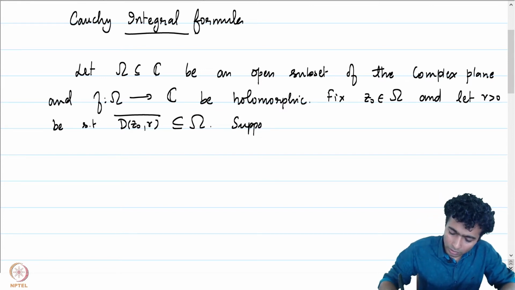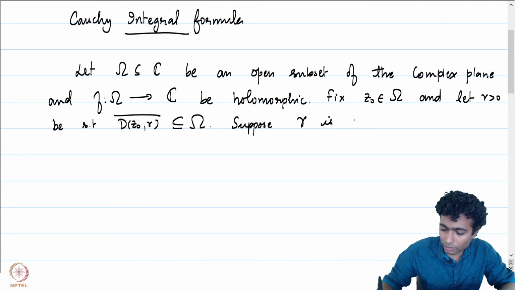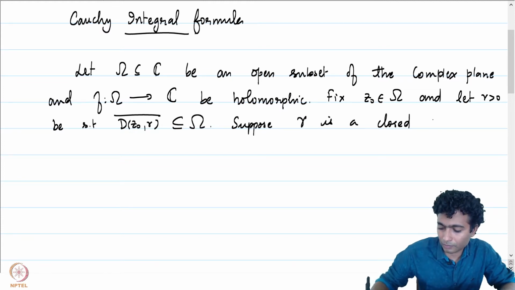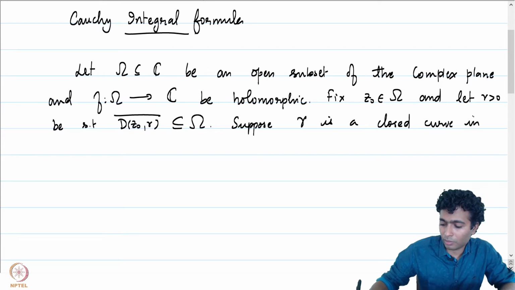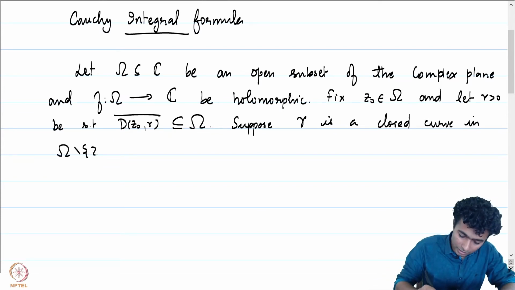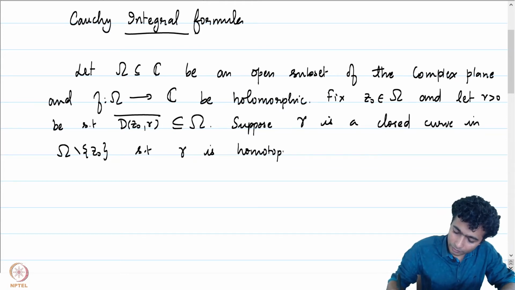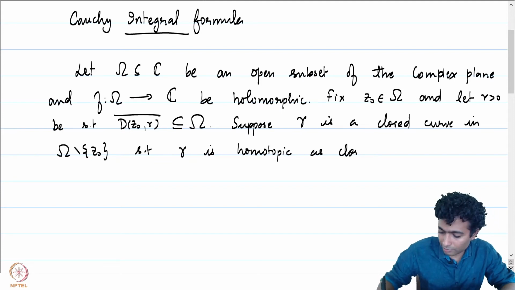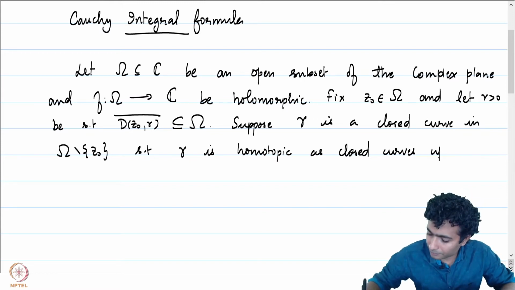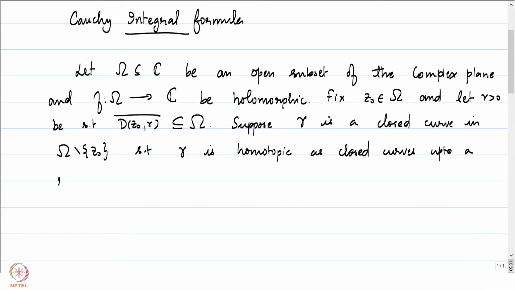Suppose gamma is a closed curve in omega minus z0 such that gamma is homotopic, as closed curves, up to a reparameterization. Maybe I shouldn't bother writing this, but let me put it down anyway.